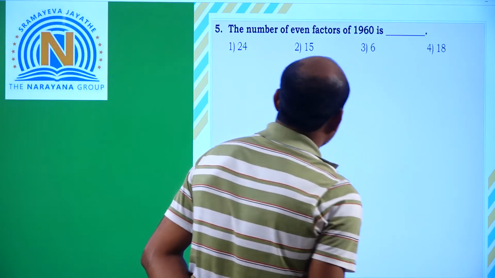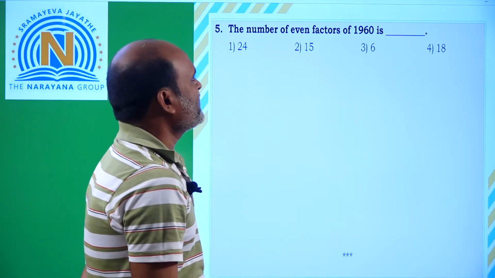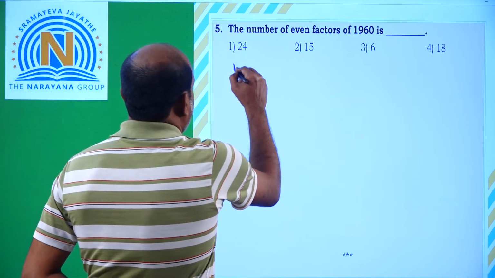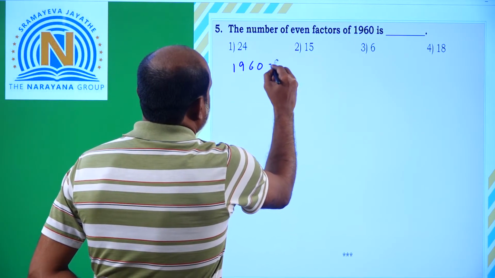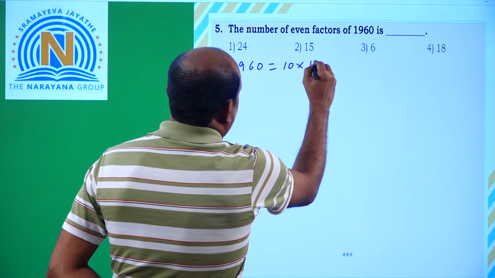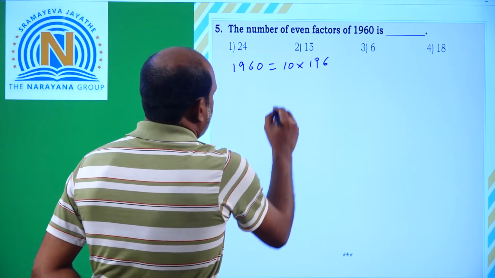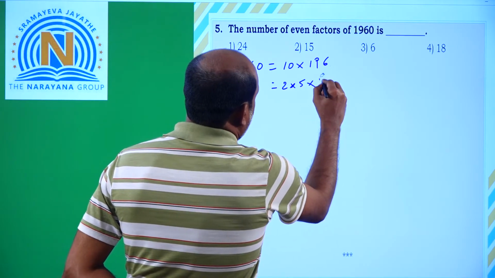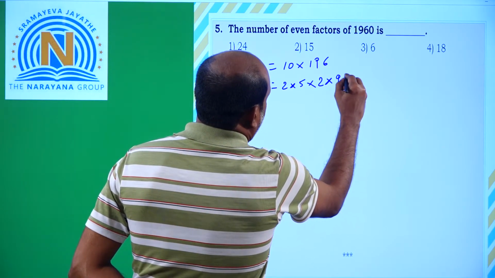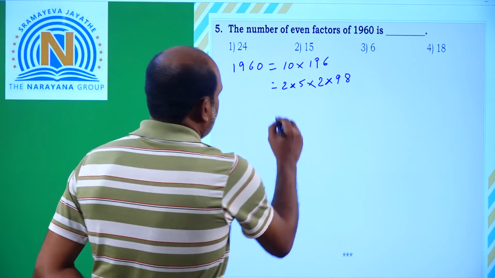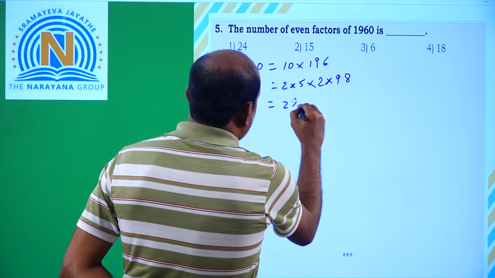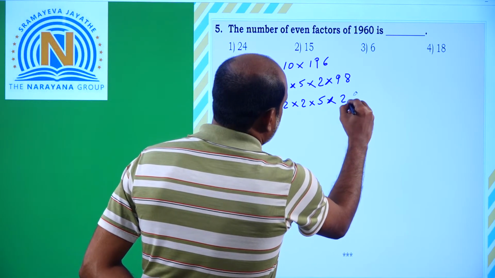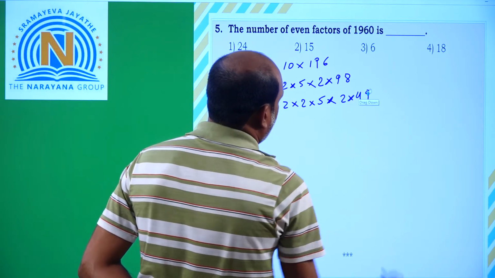Now coming to the next one, the number of even factors of 1960. This can be written as 10 into 196, again 10 can be written as 2 into 5, 196 can be written as 2 into 98, and 98 can be written as 2 into 49.